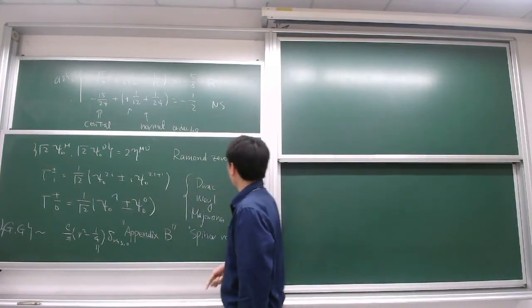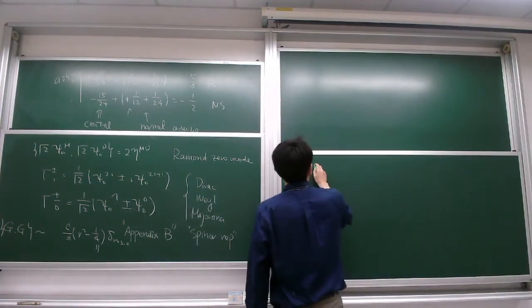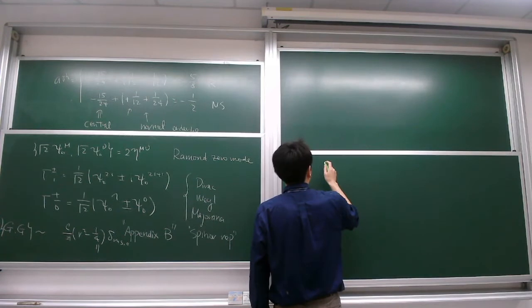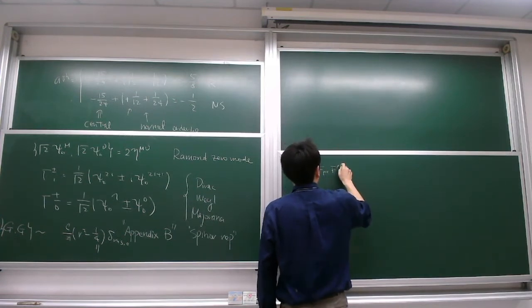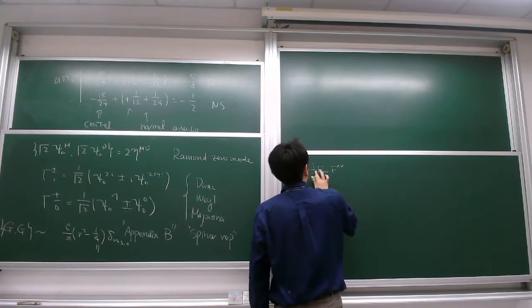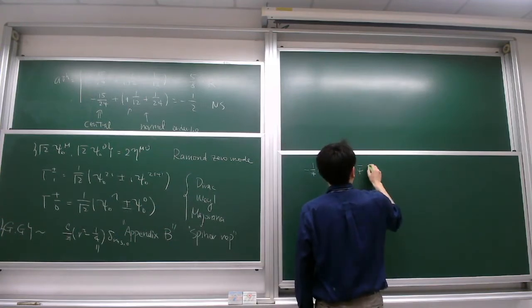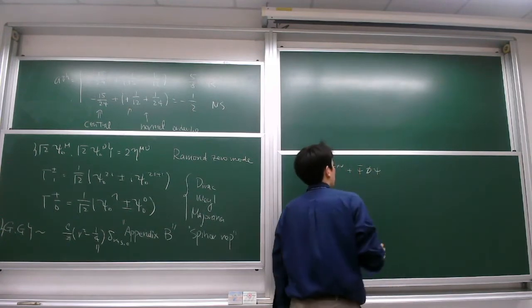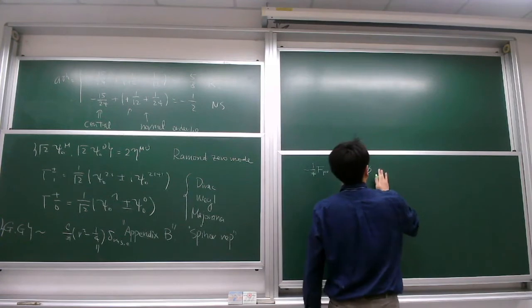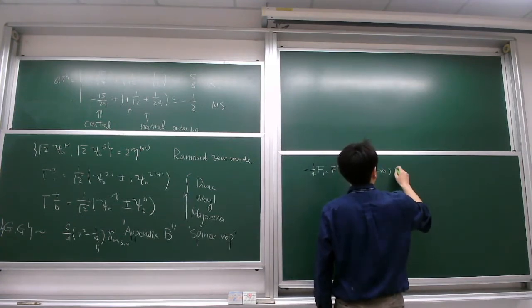Here, usually in QED, you start with whatever, QED or QCD. I mean, you have minus 1 over 4 F mu nu squared, plus psi bar D slash psi, or maybe minus i times that.